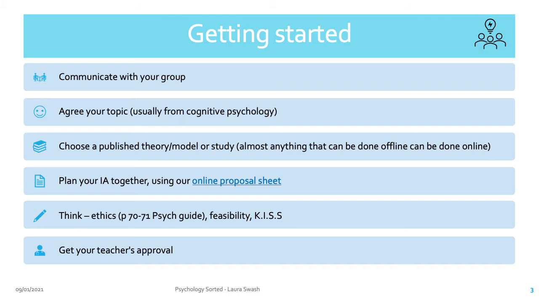We have included an online proposal sheet on our Psychology Sorted blog that will help you to get started. Just click on this link and it will take you there. Don't forget to think ethics, feasibility, going to be able to do it, and the KISS means keep it stupidly simple and get your teacher's approval.